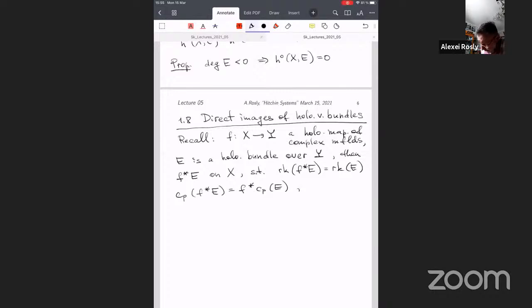Also, if we take any point in the source space, then the fiber of the pullback at this point is canonically, by construction, isomorphic to the fiber of E over the target point.